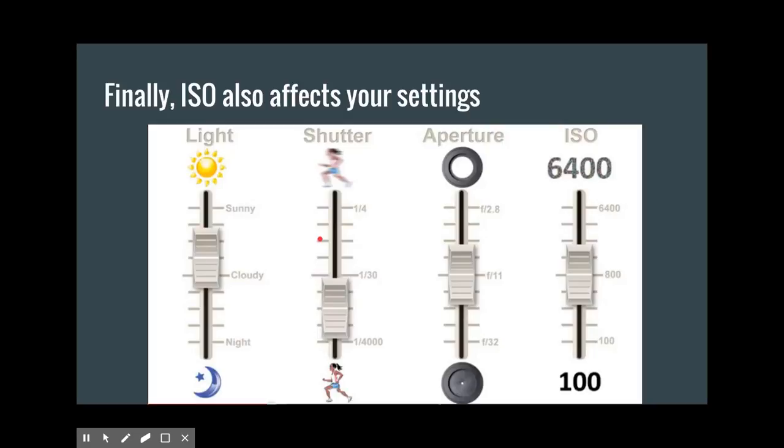Okay, the last thing that can affect your photos is the ISO. And the ISO is something that can be really great and really frustrating at the same time. So we have the amount of light that's in the room. We have our shutter and our aperture letting in light to hit the camera. But to go back to the pizza metaphor, you can actually change how hungry your camera is for light.